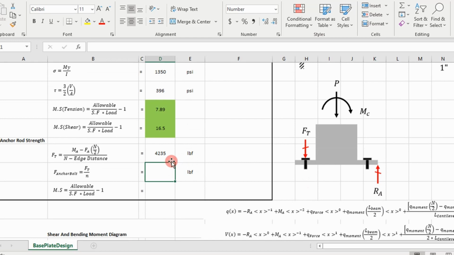And so that's the force load acting along the line of our anchor rods.